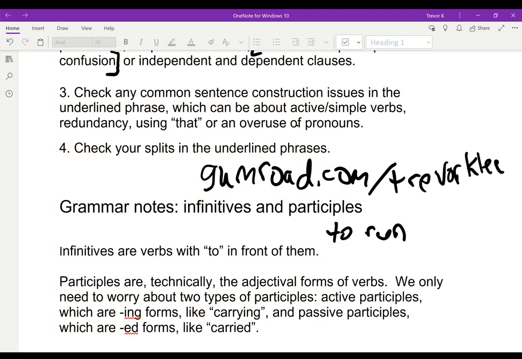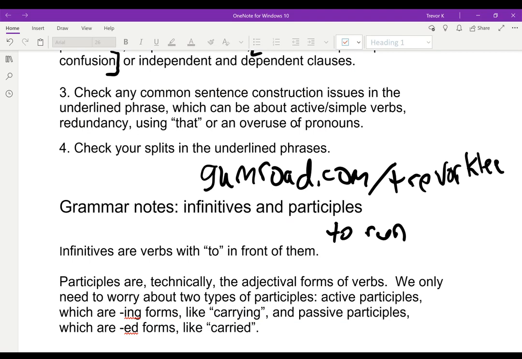So, a grammatically correct sentence is, I like baseball. That's a grammatically correct sentence. I to like baseball is not a grammatically correct sentence. If you want to use a technical term, that's because I to like baseball is not conjugated. All right, so that's what infinitives are.